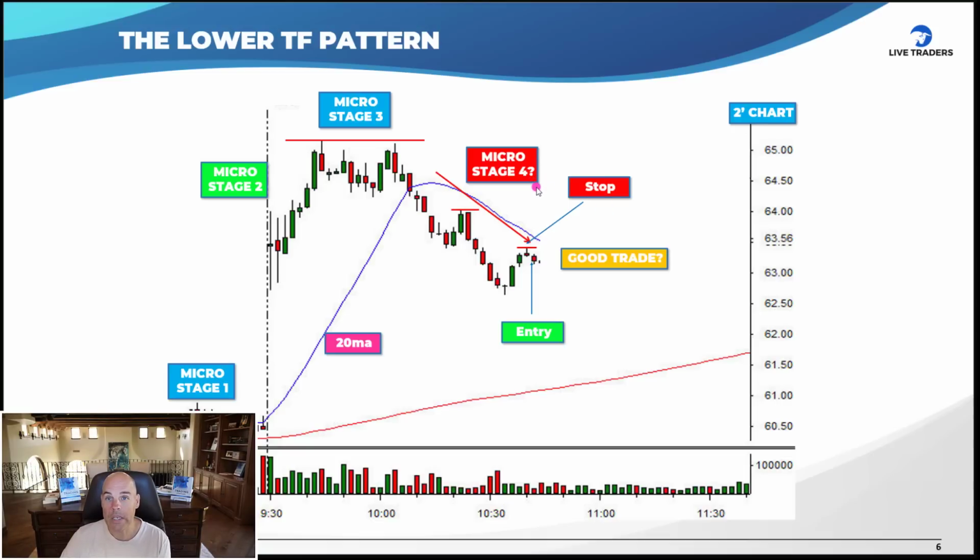Well, we need 2 or more lower highs and lower lows to officially be in a downtrend. So, is this officially the downtrend? Yes or no? Right where my cursor is, right here. See my cursor? Right across from where it says good trade, question mark. Are we officially in a downtrend here?